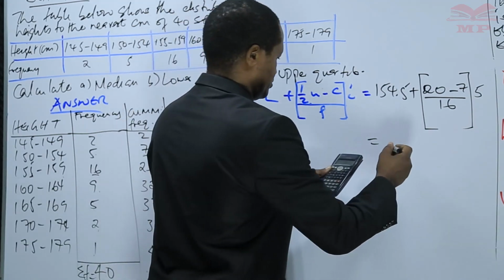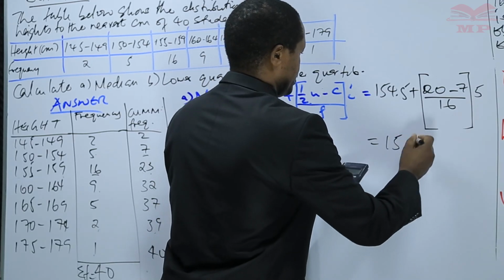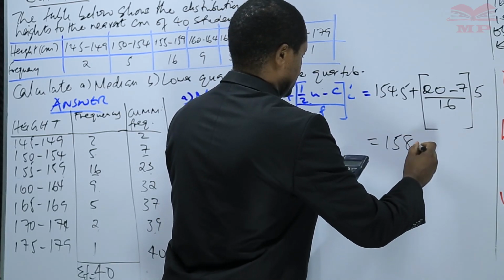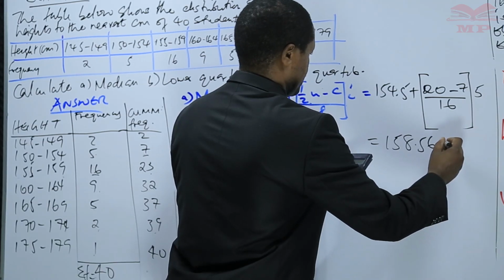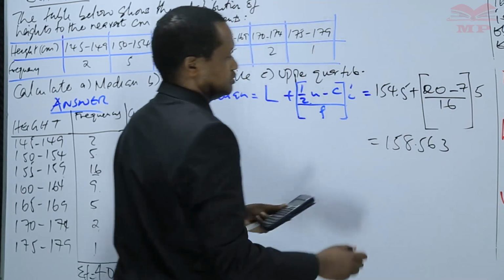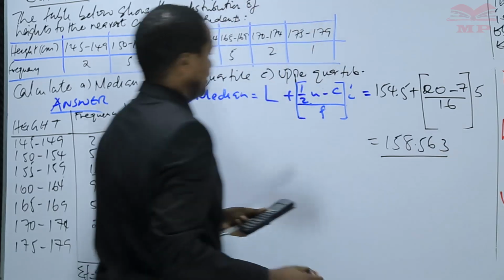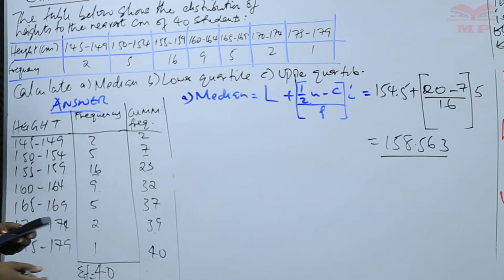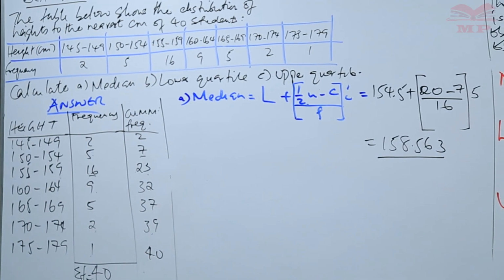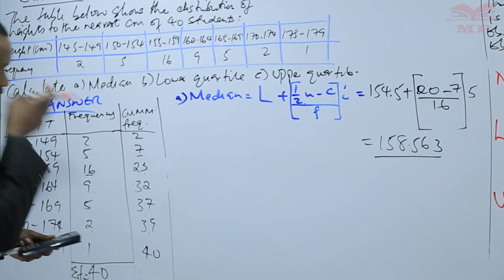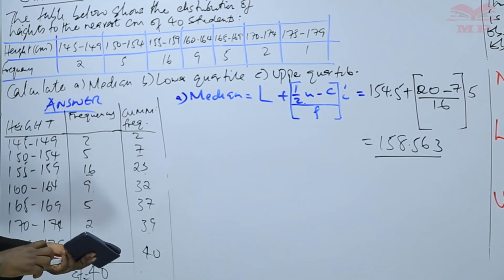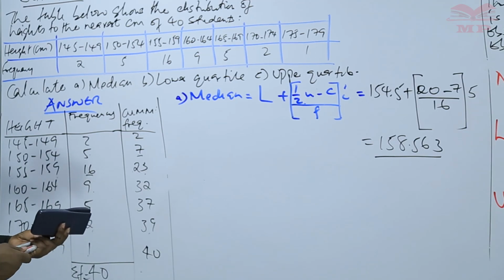This is equal to 158.563. That is the median, 158.563. How about the lower quartile?